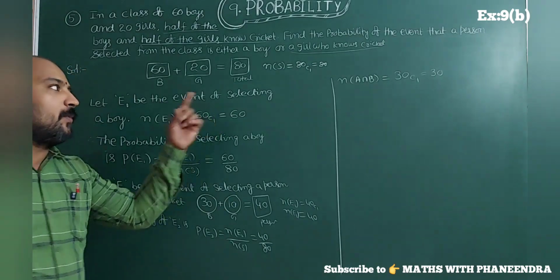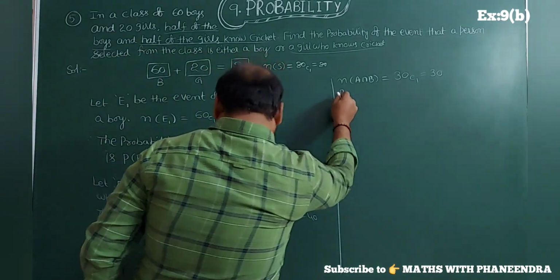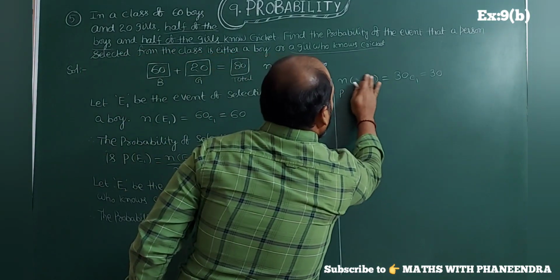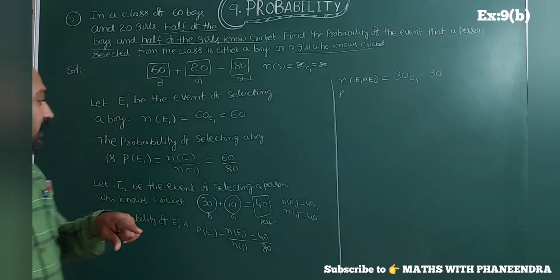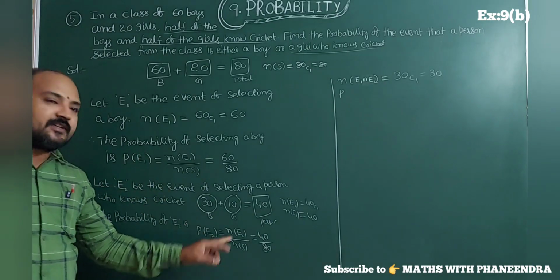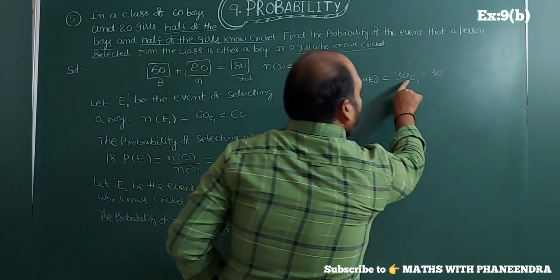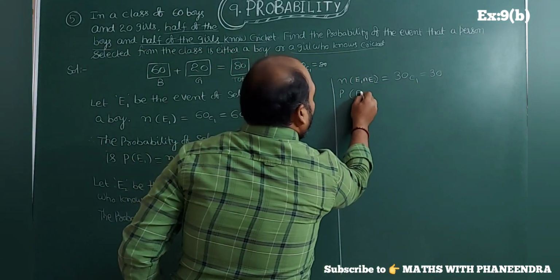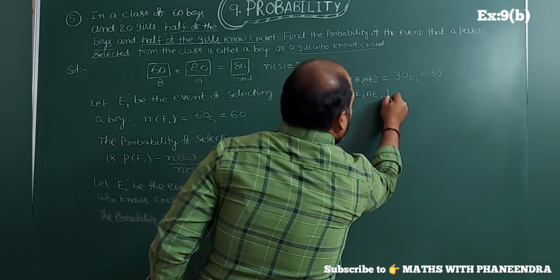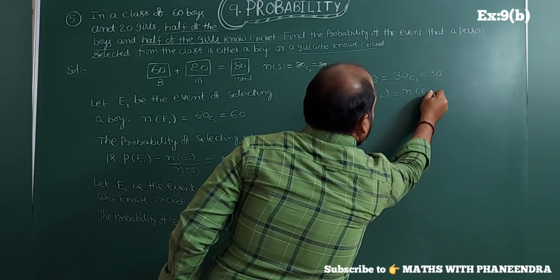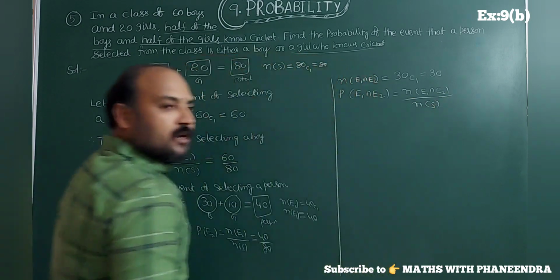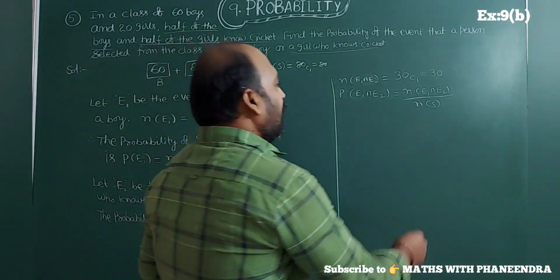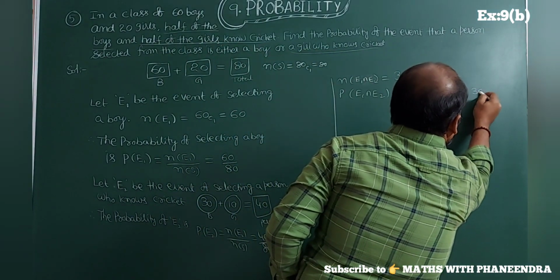Therefore the required probability, E1 and E2, I wrote already, E1 intersection E2. N of E1 intersection E2 is 30 C1. Therefore probability of E1 intersection E2 is equal to N of E1 intersection E2 by N of S. What is N of E1 intersection E2? 30 by 80.